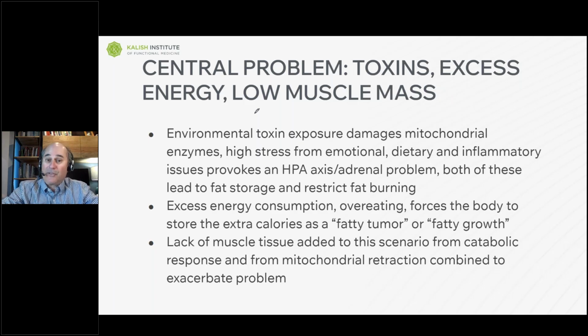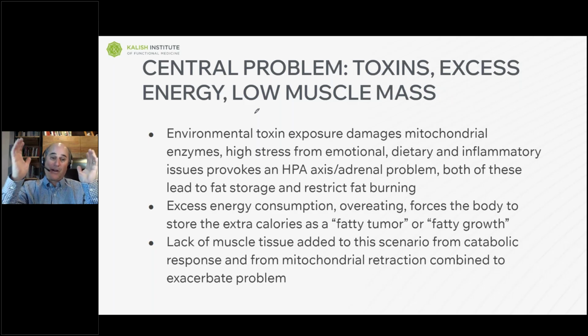Now, of course, stress can trigger these problems, and we'll get into that later. You can have brain-related issues. There are all kinds of different potential problems. But what's missed a lot is the environmental toxin component and how that is damaging mitochondrial function. Once the mitochondria are damaged, if you start to overeat, it becomes a cascade of problems. If you're not exercising enough, the lack of muscle tissue exacerbates the problem.